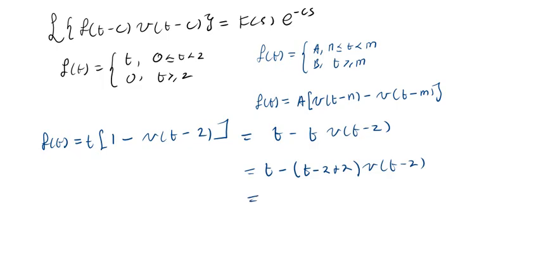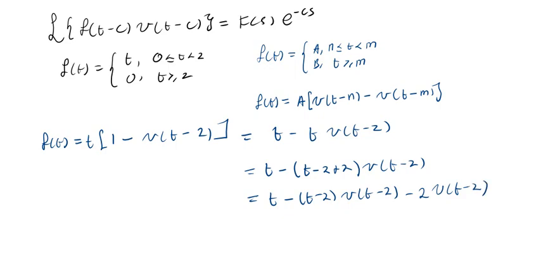So I'm going to expand. This negative, I'm going to distribute by this part as well as that part, including this one here. So that would be minus t minus 2 times u of t minus 2, then again minus 2 u of t minus 2.